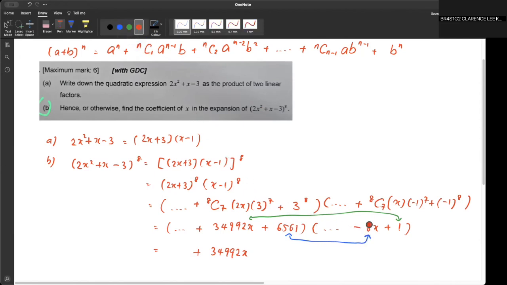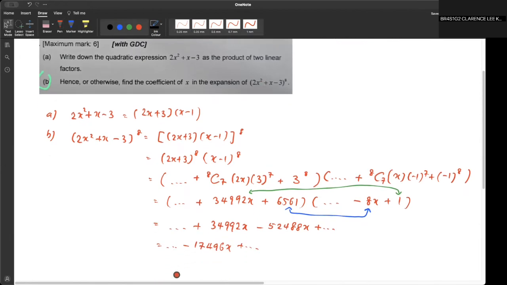So this multiplied with this, we get minus 52488x. The rest, we put dots. We don't want that. By subtracting this, I get minus 17496x, and dots. We don't want the rest. At the end, the coefficient of x is this value, negative 17496.